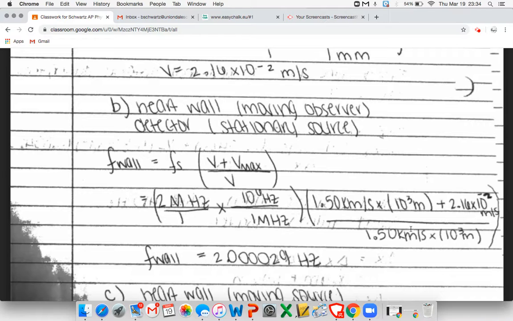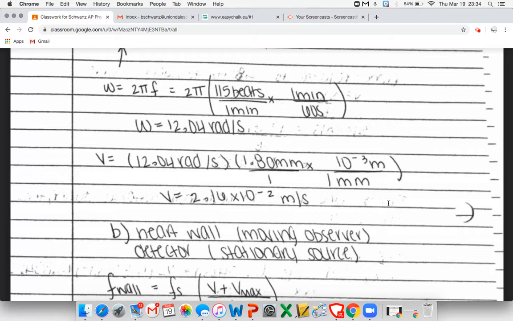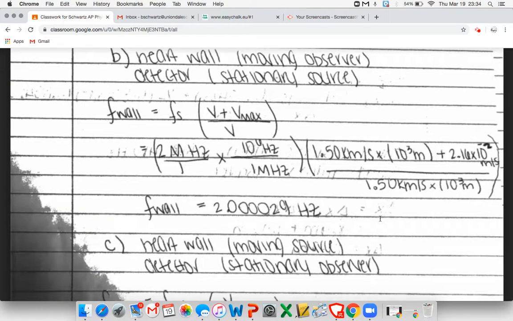I just multiplied. Kilo is 10 to the third or 1,000, so I multiplied by 1,000 basically. And the 2.16 times 10 to the negative 2 meters per second is what we already solved for in part A. Plugging in here, we end up with our answer of 2.000029 hertz.